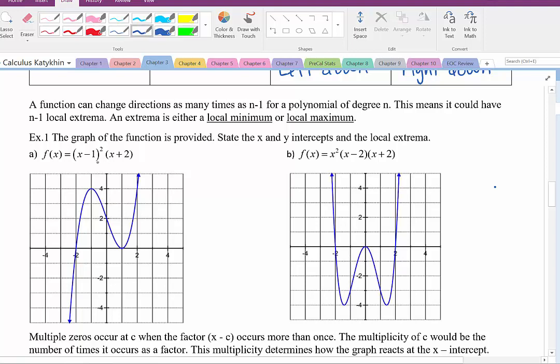So if we look at this example here, we have x minus 1 squared times x plus 2. Notice that if I were to distribute these, my leading term is going to be x to the third power, which means a couple of things.